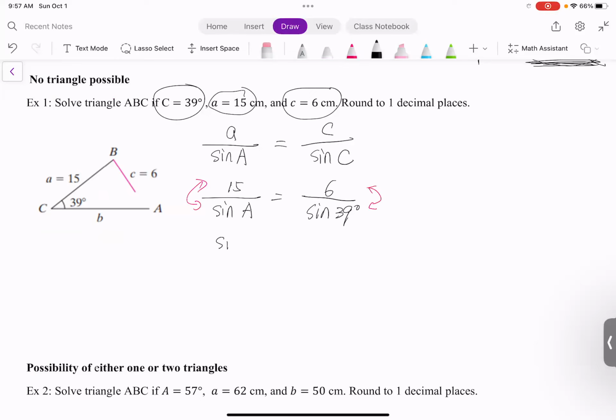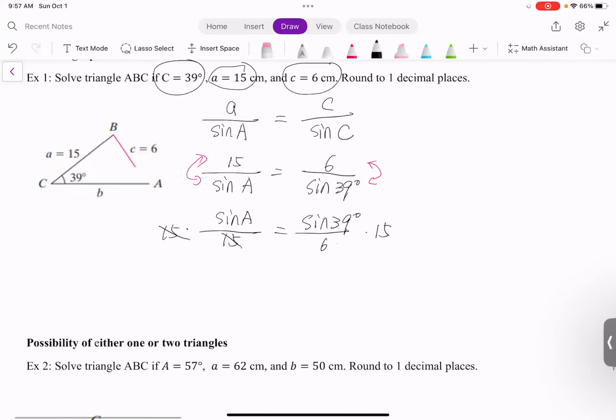I'm having sine A over 15 equals sine 39 degrees over 6, and on both sides we multiply by 15. The 15 cancels. Sine A equals 15 times sine 39 degrees over 6.